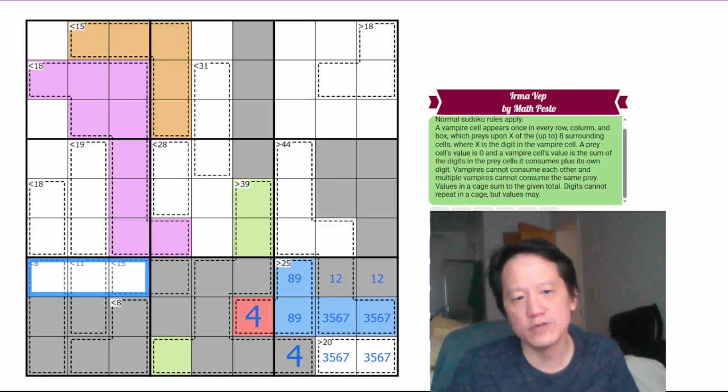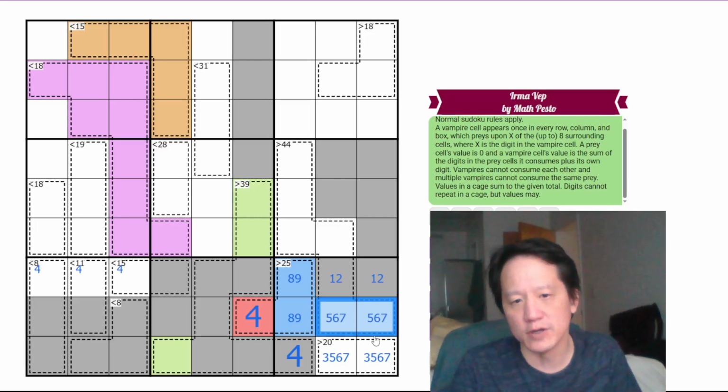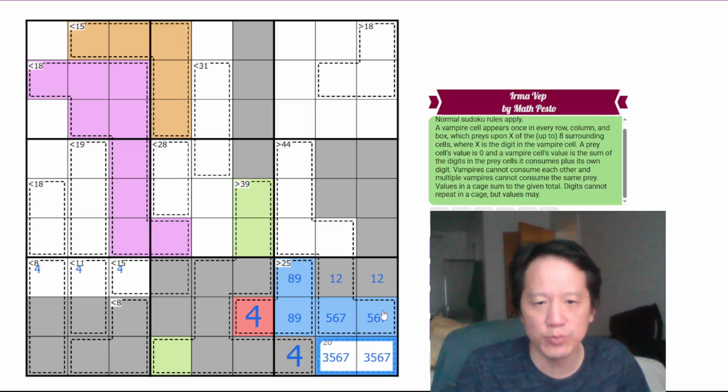4 has to be one of these digits here. 3 cannot be here, obviously, because, again, you can only prey upon 3 digits at most. So one of these is preyed upon, and the other one is fine.